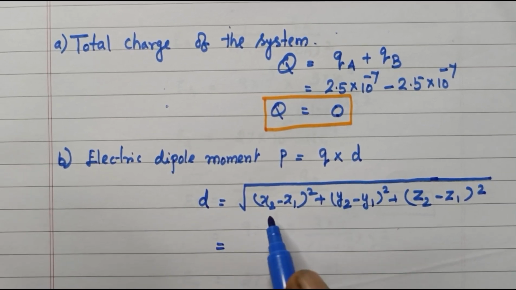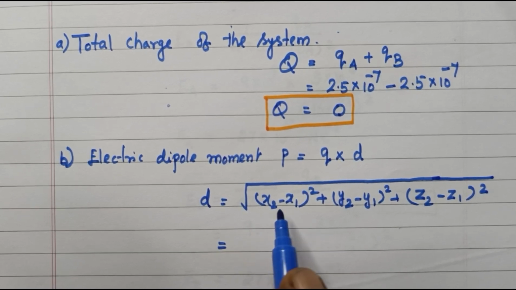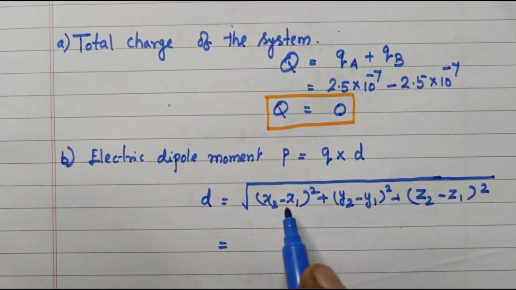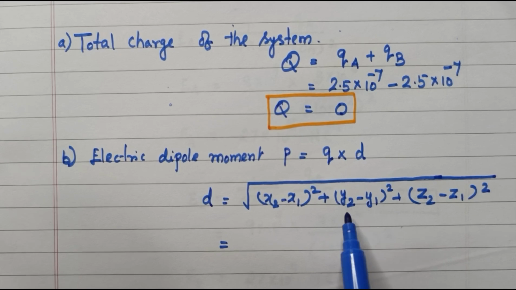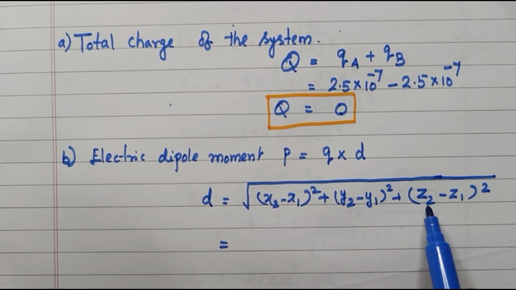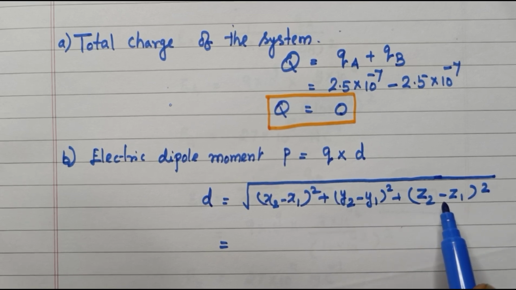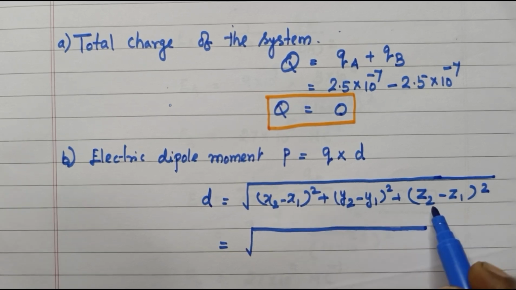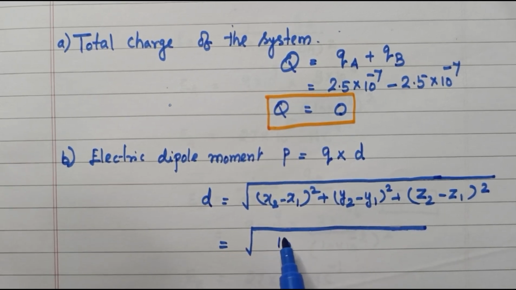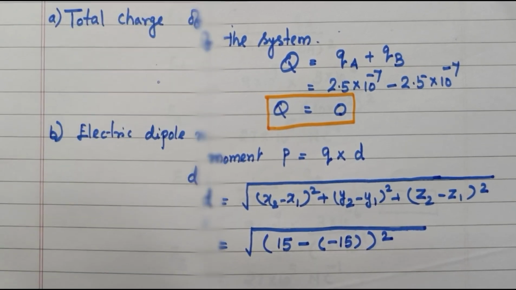Okay. Now in our case x1 and x2 are 0, therefore 0 minus 0 is 0, 0 square is 0 and hence we can drop that 0. Okay, here also 0. And here z2 is 15 and z1 is minus 15. So already we are having a minus here, therefore minus of minus is plus. z2 is 15 minus z1 is minus 15 square.